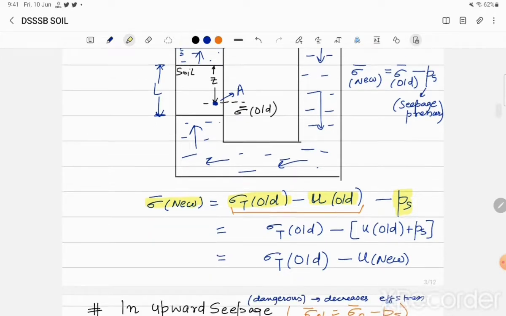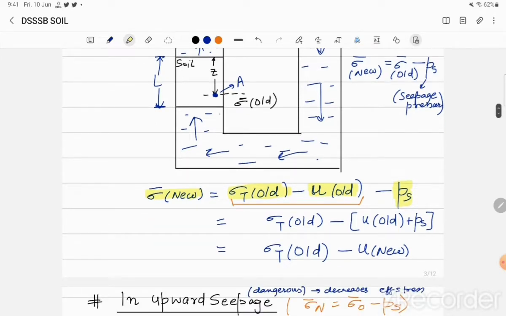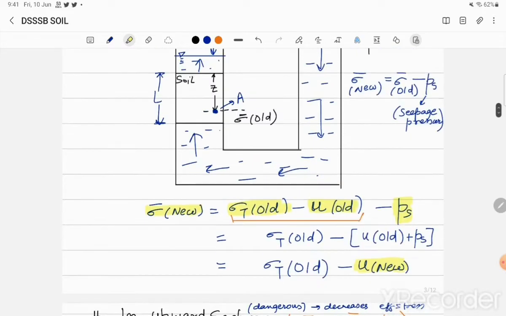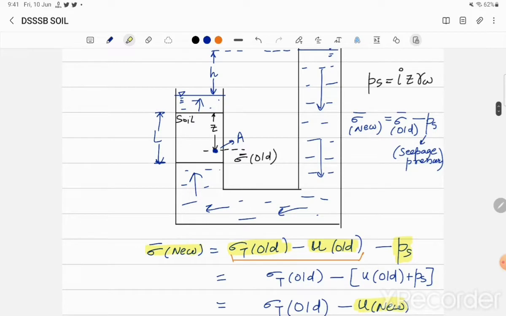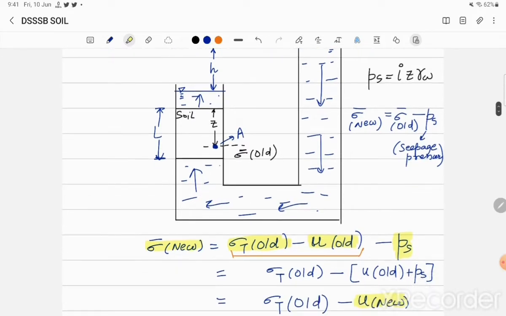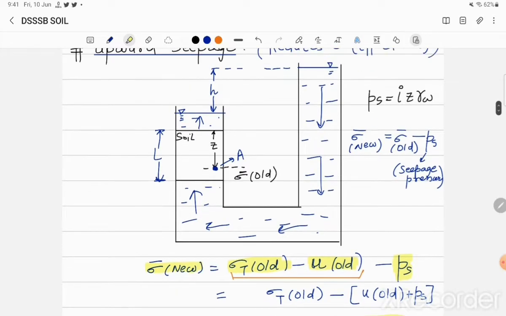So the new effective stress becomes sigma T old minus U old plus PS. U old plus PS is written here as U new. So therefore we can see that the effective stress decreases in upward seepage.